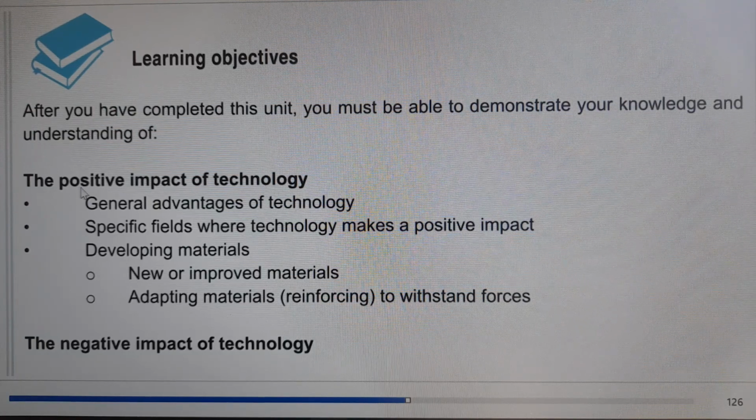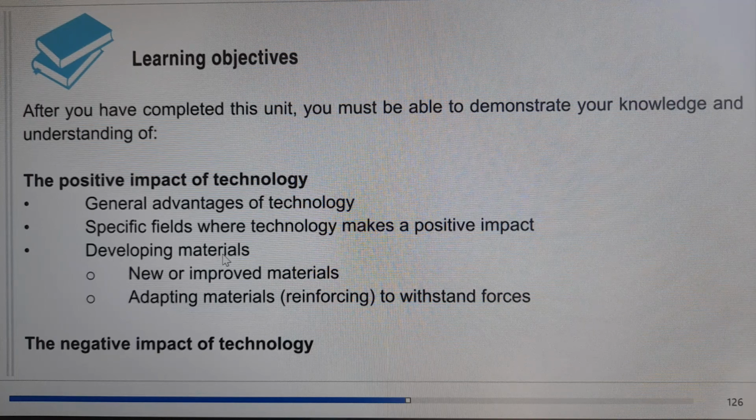So you need to know the positive impact of technology, and under the positive impact of technology, you need to know the advantages of technology. You need to know specific fields where technology makes positive impact, and you need to know the developing materials, which are 1, new or improved materials, and number 2 is adapting materials, which is reinforcing.